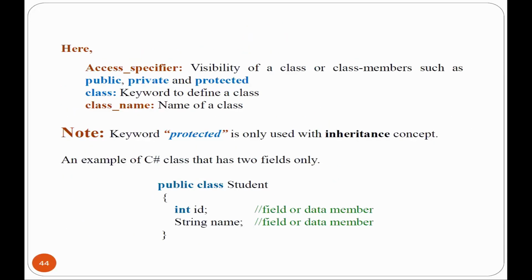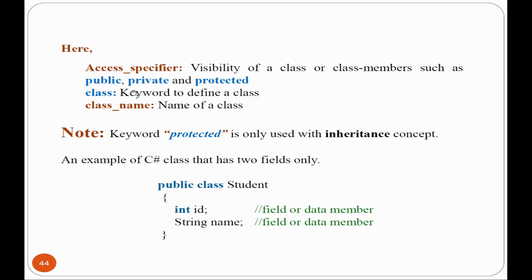Access specifier means visibility of a class or class members, such as public, private, protected. Class is a keyword to define a class. Class name is the name of the class. The keyword protected is only used with the inheritance concept. While you are implementing inheritance, only then are you able to use the protected keyword.